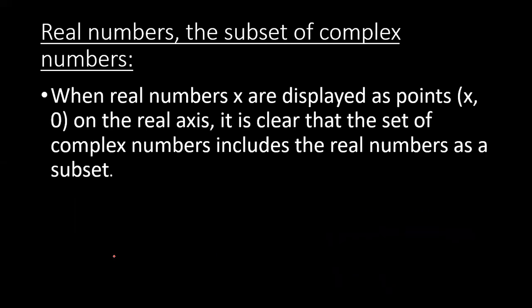Next, I'm going to discuss real numbers, and we say that real numbers are subsets of complex numbers. When real numbers x are displayed as point (x, 0), we can clearly say that it is a subset of complex numbers. Like if I take any real number 1, 2, 3, I can write it as 1 plus 0 iota, 2 plus 0 iota.